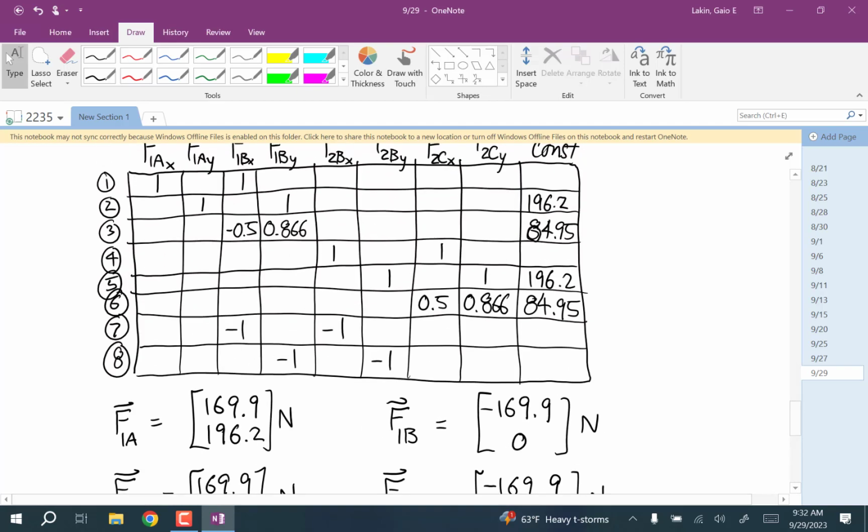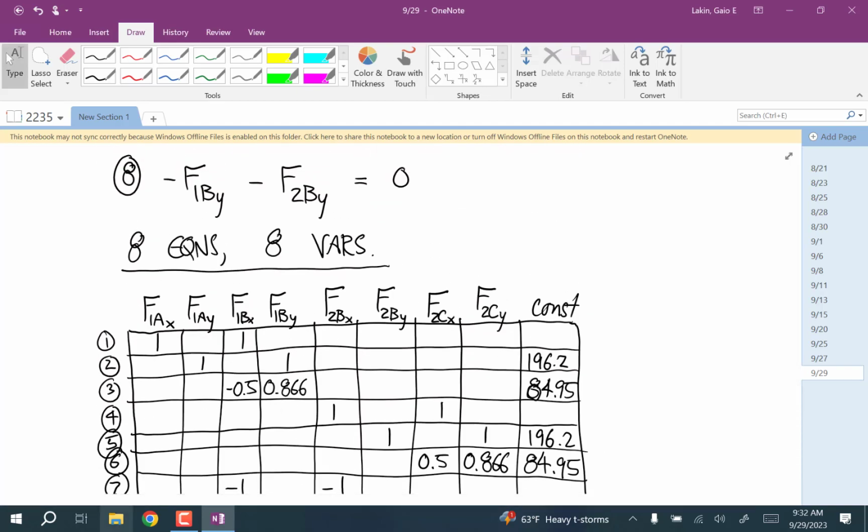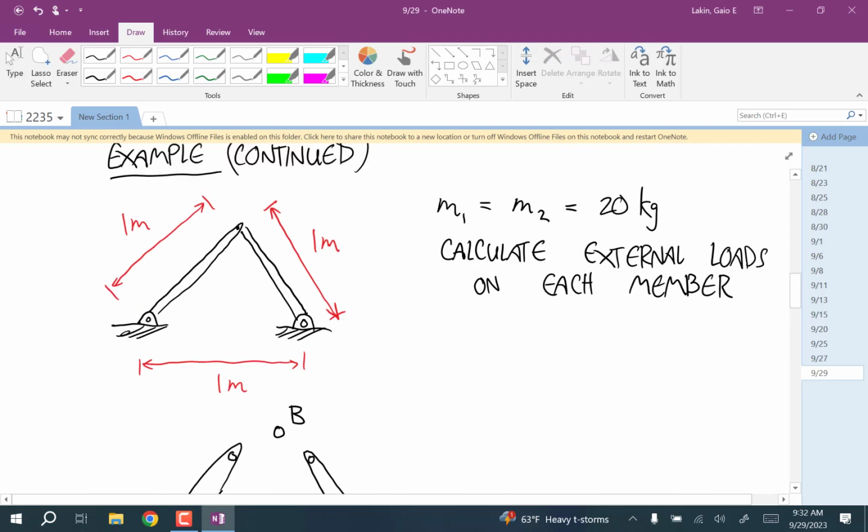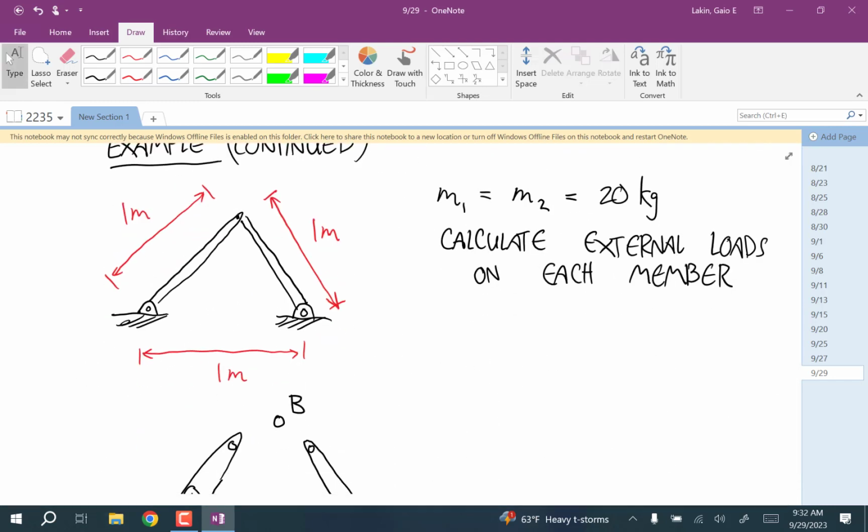By the way, what would it look like to have a statically indeterminate structure, a structure you can't solve just by statics? So this is the minimum number of joint constraints that you can have and still have this thing be static.